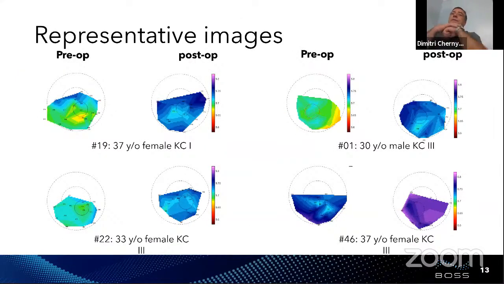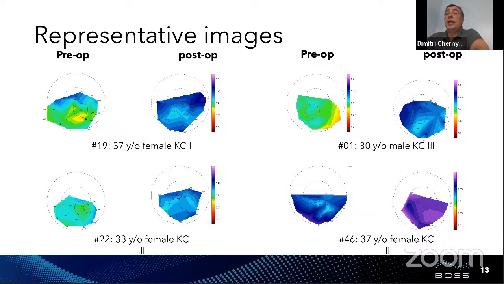Here are some representative images that were collected from the study at the Wolfson Eye Institute, where we have pre-op and post-op measurements on the same eye before and after the cross-linking procedure. And you can see there's overall stiffening of the tissue across the board as a result of the procedure.